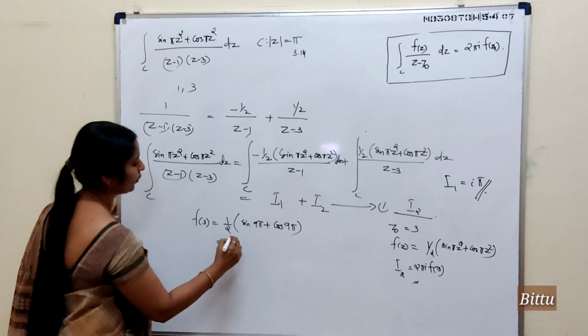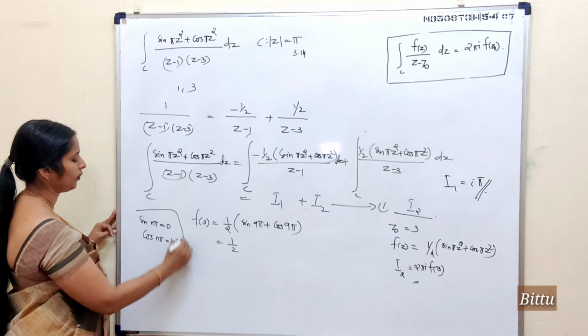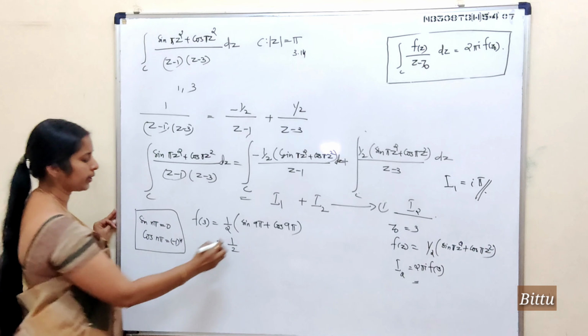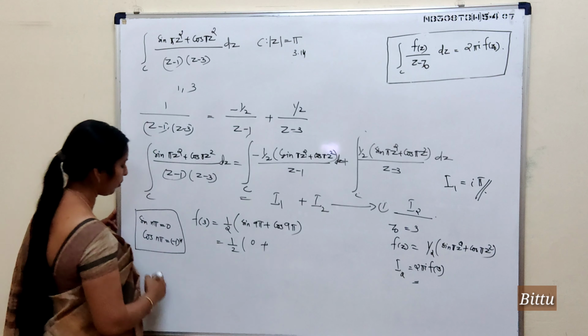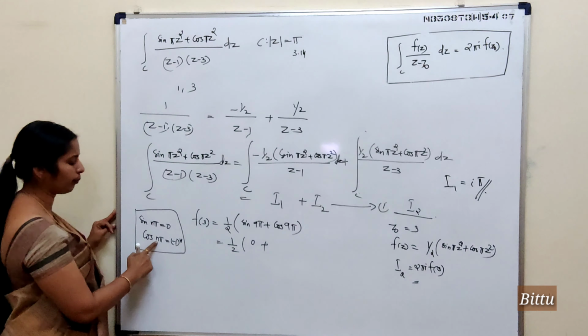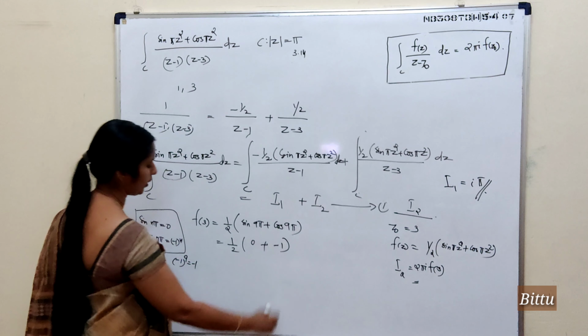That is half into, what is sin 9 pi? We know sin n pi equal to 0 for every n, and cos n pi is equal to minus 1 raised to n. You apply this result. So sin n pi is 0 plus cos 9 pi. You put n equal to 9. So minus 1 raised to 9 is minus 1.